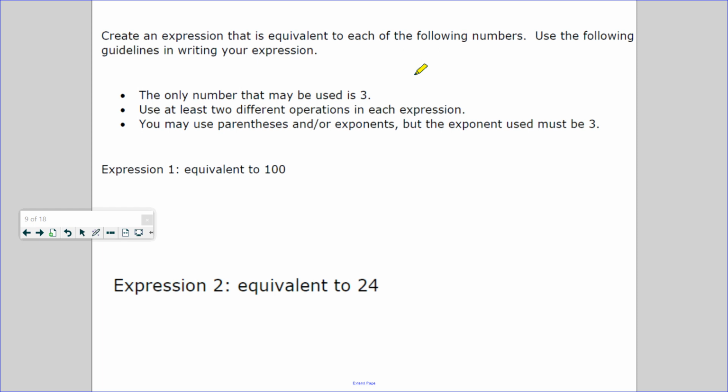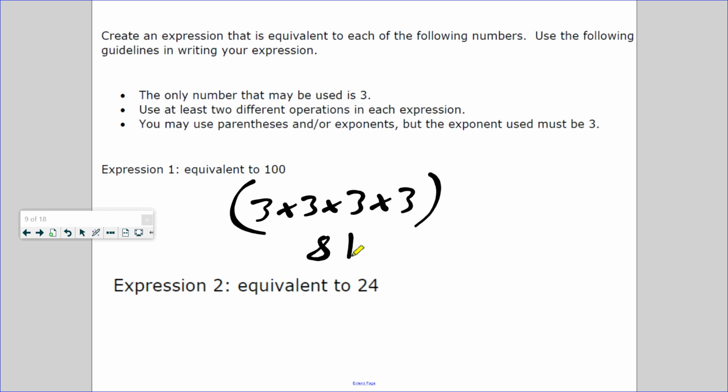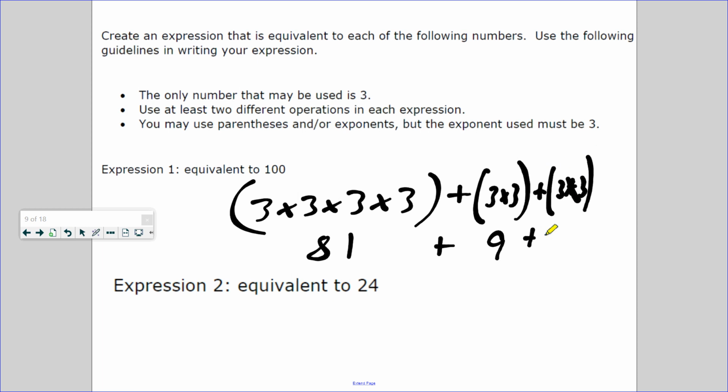So using 3's. Let's see. 3 times 3 times 3 times 3, which is 81, plus 3 times 3, that's plus 9, that will be 90, plus 3 times 3, that's plus 9.